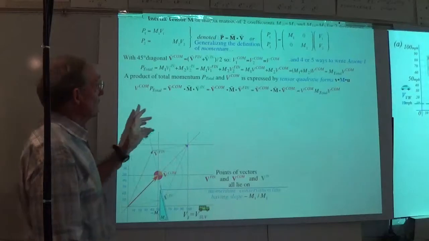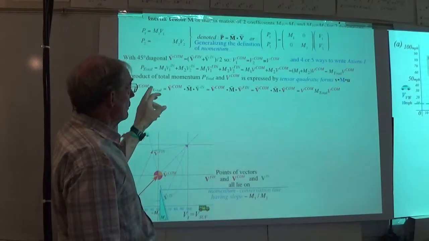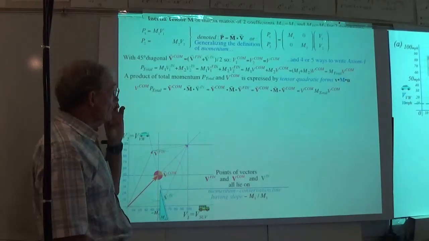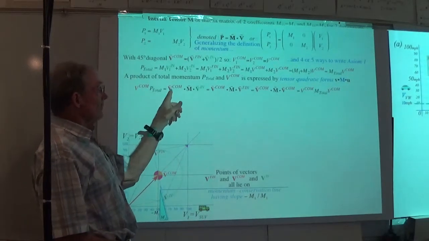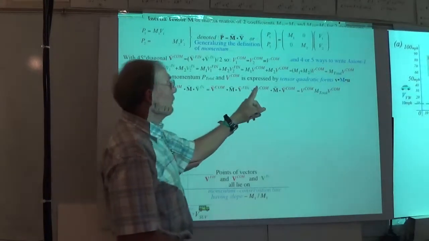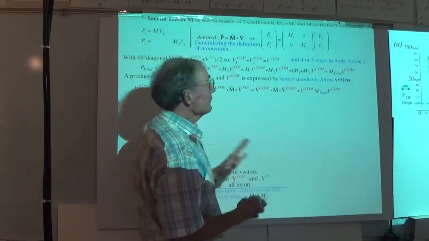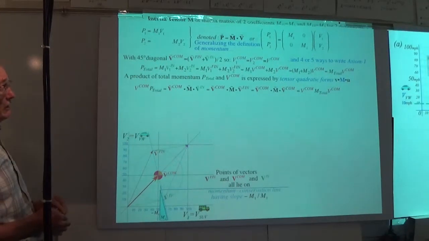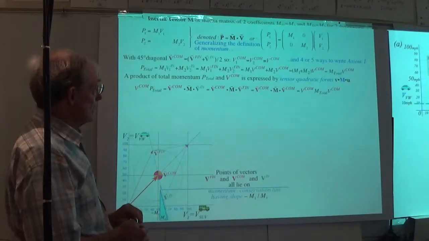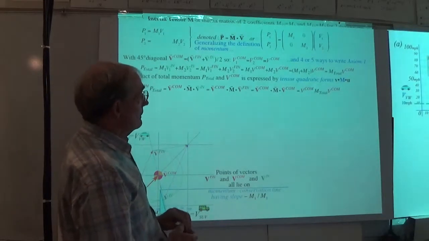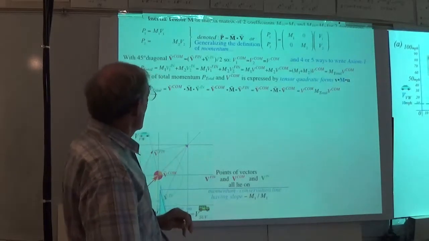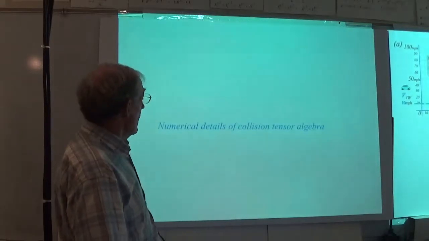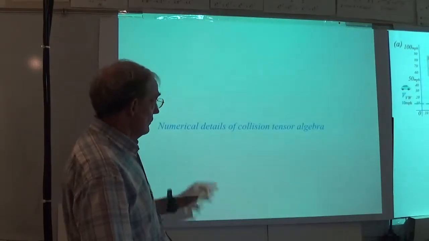The product of the total momentum, P total as a number, times VCOM as a number is going to be this, or this, or this, or this. So this is just some really fancy ways of writing Axiom 1, for the momentum constant, this constant right here.